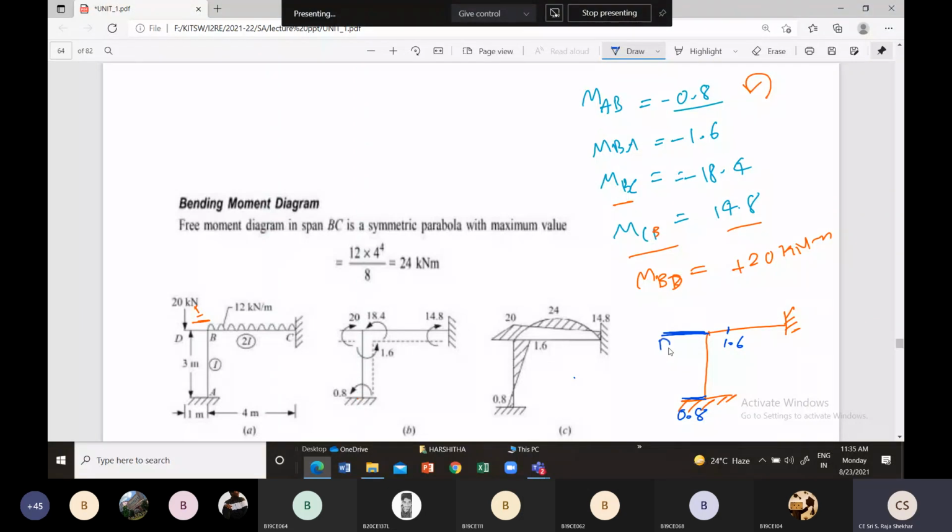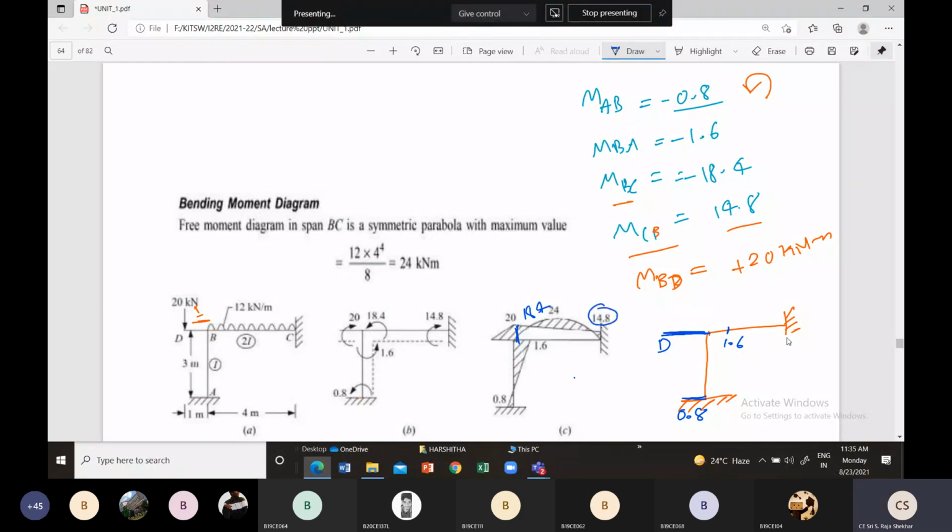this is D. Okay, at C, MBC is equal to 18.4. The MCD is equal to 14.8.